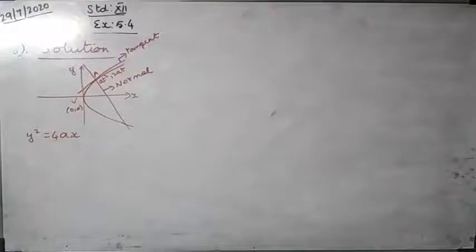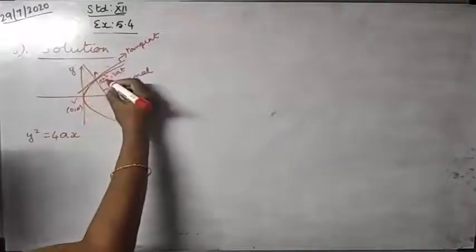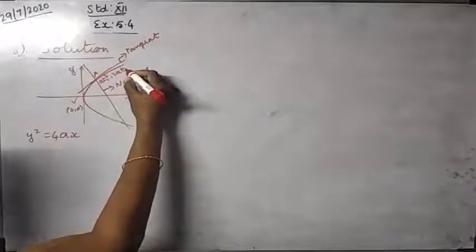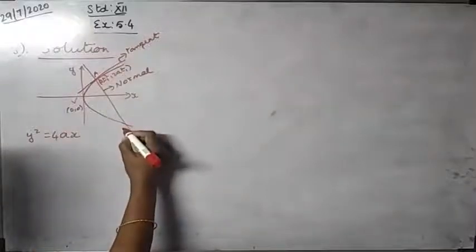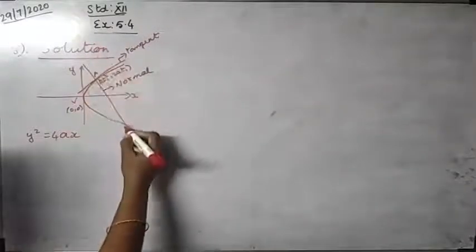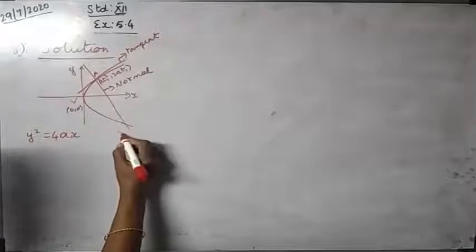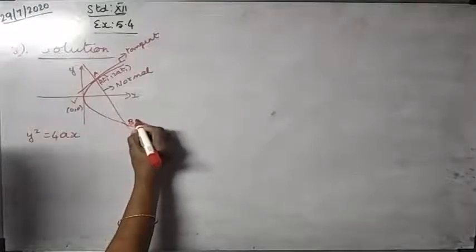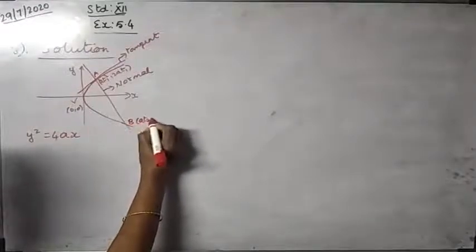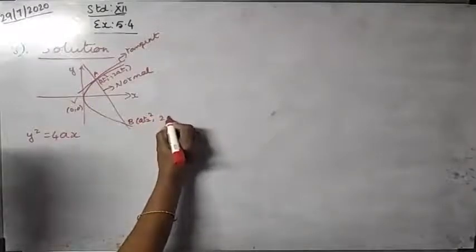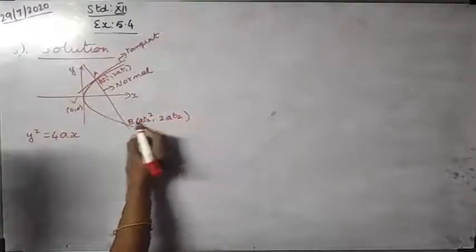But here it is given, the first point is T1, so I can take it here as T1. And this is the point B. Again, this normal meets the parabola at T2. Therefore, this point B is AT2 square, 2AT2.